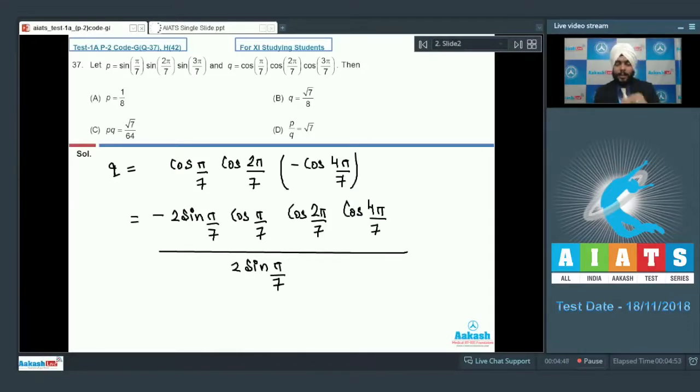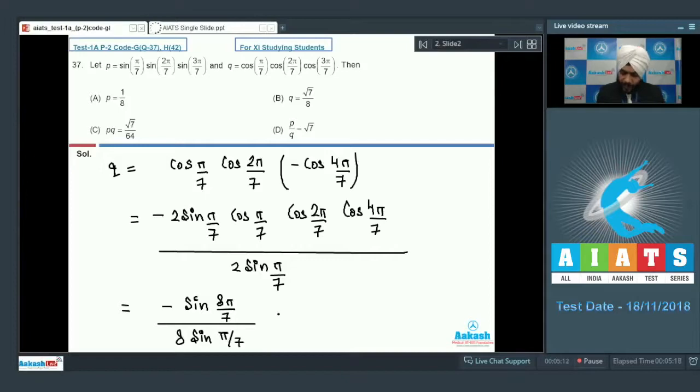Then I'll again multiply and divide by 2. 2 sin 2 pi by 7 cos 2 pi by 7 will become sin 4 pi by 7. And again I'll multiply and divide by 2. Ultimately I will get minus sin double of 4 pi by 7, that is 8 pi by 7, divided by 2 raised to the power 3, that is 8 sin pi by 7.